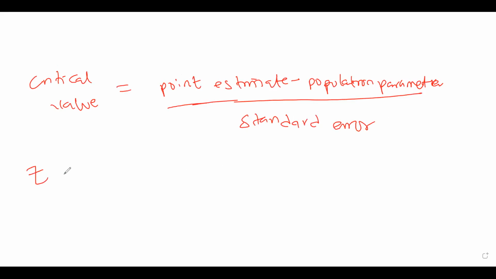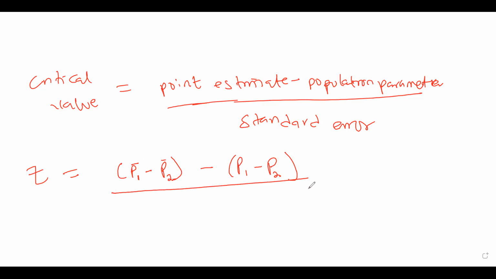When it comes to proportions, the point estimate is the sample proportion of the first group minus the sample proportion of the second group. Almost always the population parameter is 0, that is, the population proportion of the first group minus the population proportion of the second group, which we hypothesize to be equal to 0, all over the standard error of the proportion.